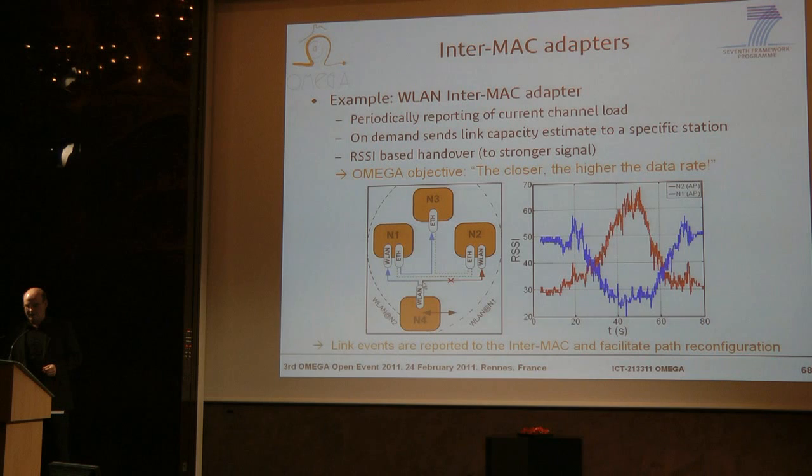And of course, this link is not used in the beginning, and as it moves towards this direction here, the RSSI will increase for this node, for N2, as you can see it in the diagram here. And accordingly, handover is performed. And you have seen this actually in the showrooms. Such link events, so switching from one access point to another, are reported to the InterMAC, and they facilitate the path reconfiguration.